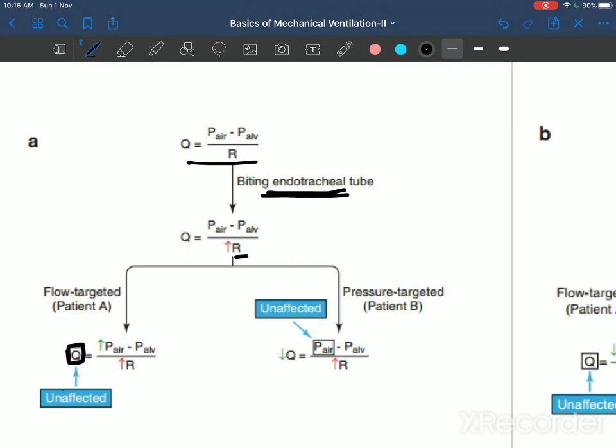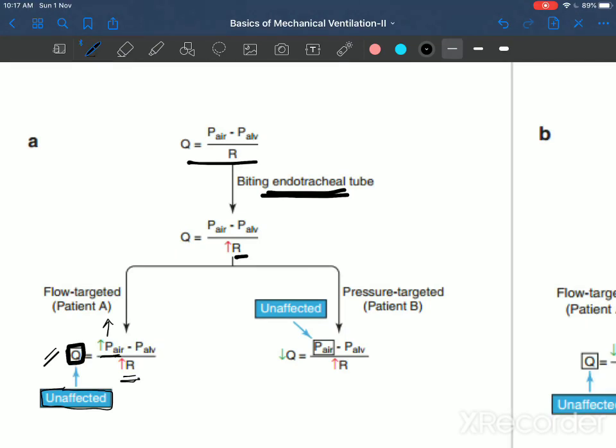So if flow has to remain unchanged, your airway pressure will be increased by the ventilator. For the ventilator to deliver this constant flow at this increased resistance, it will increase the pressure that it delivers. So that is why pressure becomes dependent. This dependency is based upon your resistance. I hope I am making sense.